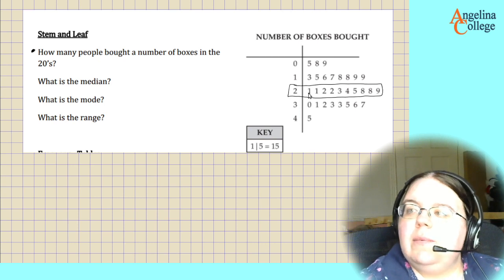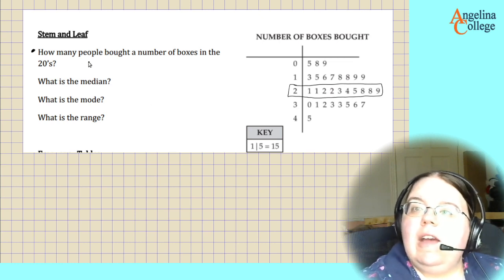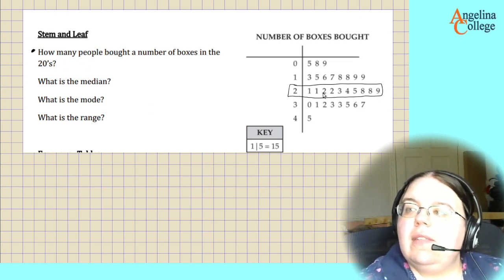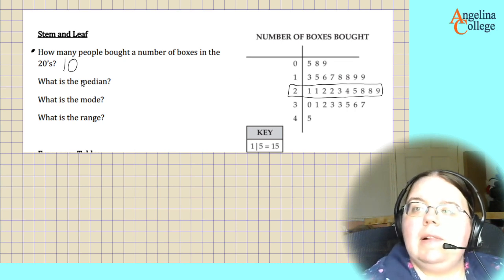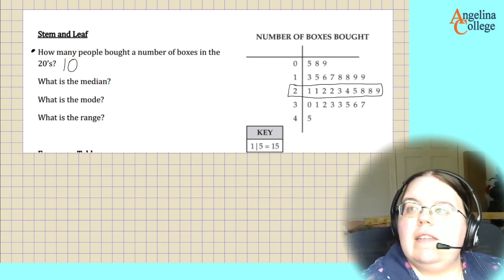So there's a 21, another 21, a 22, another 22, etc. When it asks how many people, we can just count the leaves. So let's see, 1, 2, 3, 4, 5, 6, 7, 8, 9, 10. That tells me 10 people bought a number of boxes in the 20s.